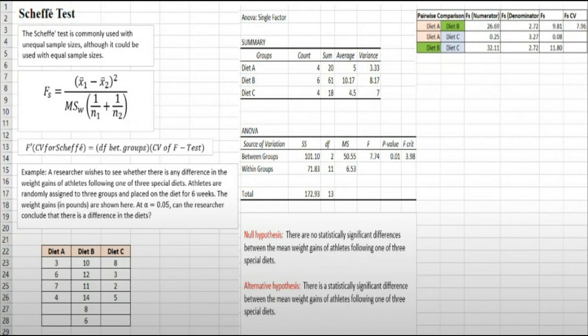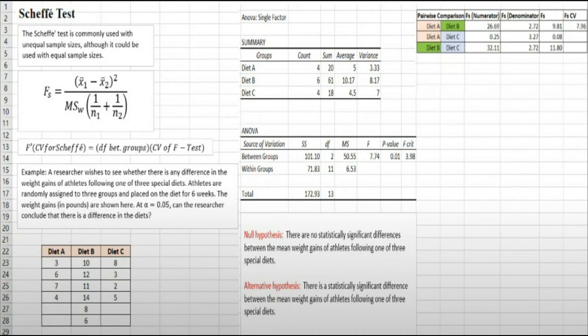We have here diet A and diet C, so we need to subtract the mean of diet C from the mean of diet A, which is 5, close this one, and we'll have 2.72. Doing this for the remaining cells, we'll have A and C, we have 6.53 again, times 1 over the count for A plus 1 over the count for C, which is also 4.